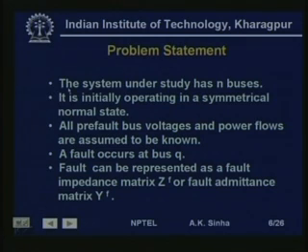We will state a general problem in which we say that the system under study has n buses, where n is pretty large. It is initially operating in a symmetrical normal state, that is, before the fault has occurred, the system is working in a normal state, operating under a symmetrical loading condition.